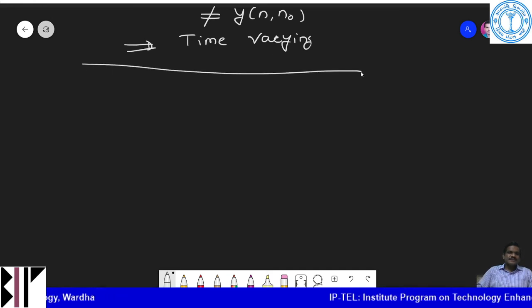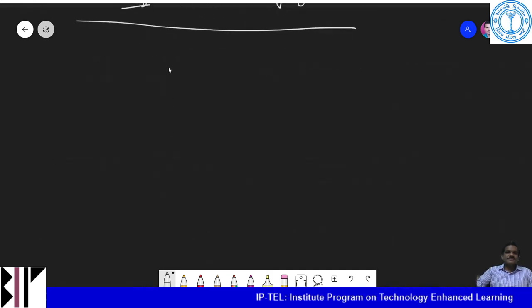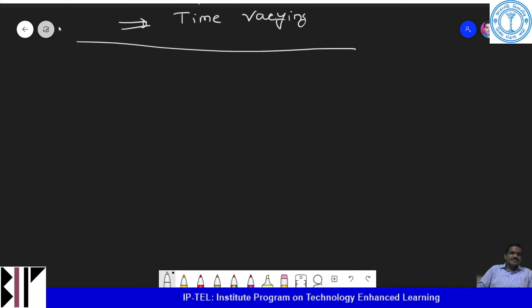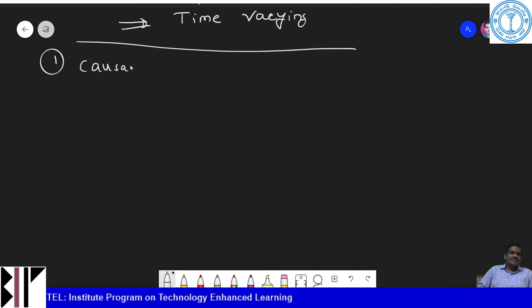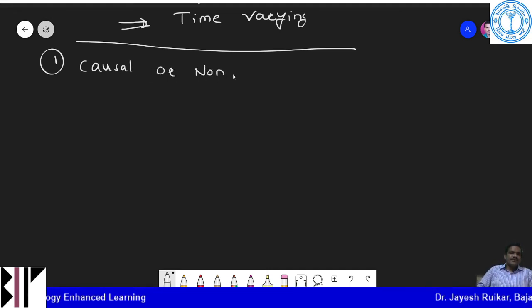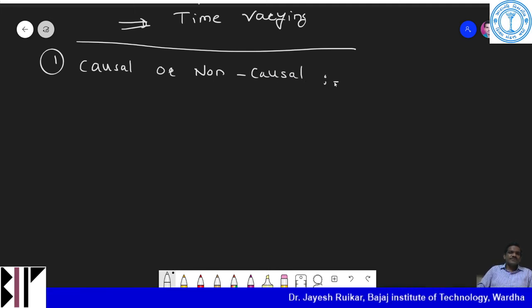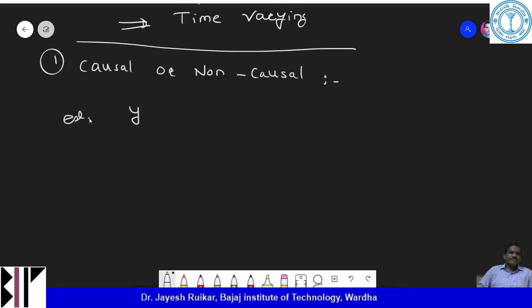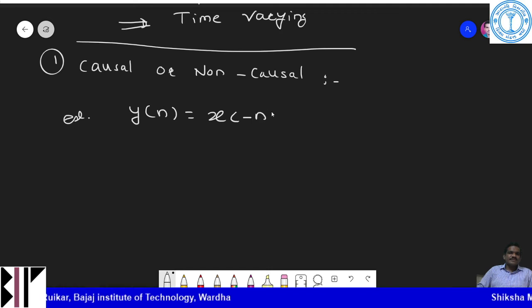Now let us take one or two examples for causality: whether the system is causal or non-causal. The first example: y of n is equal to x of minus n.